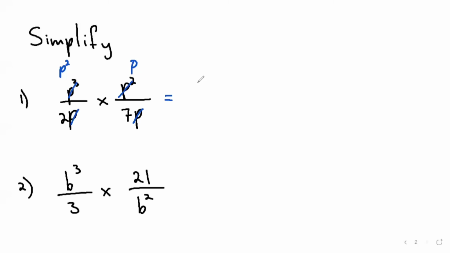So that leaves us with p cubed divided by 2. That's it. And if we look at the one below here, 3 could go into itself once, 3 could go into 21 7 times. B could go into itself once, B could go into b cubed, b times. Oh yeah, this one worked out even easier. This one ends up being 7b.